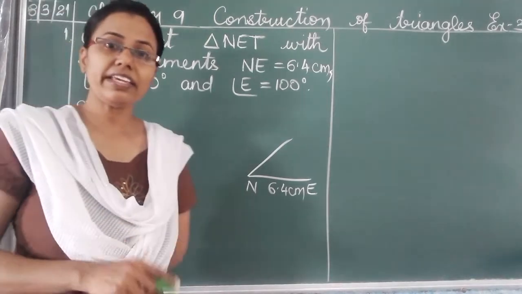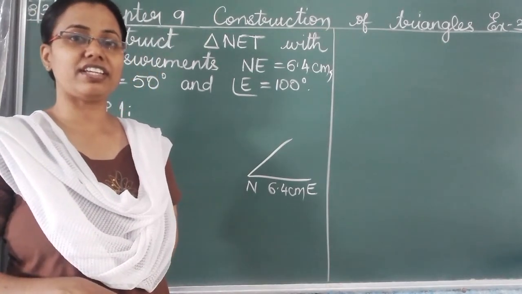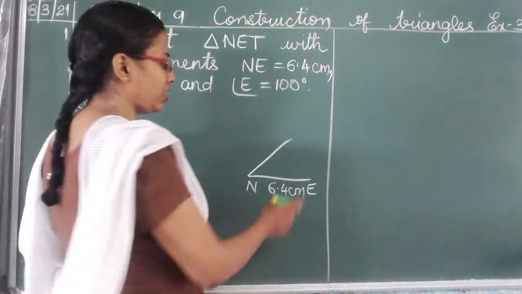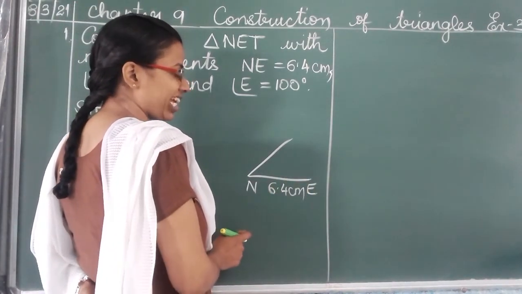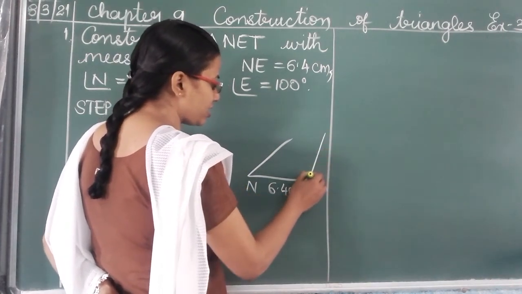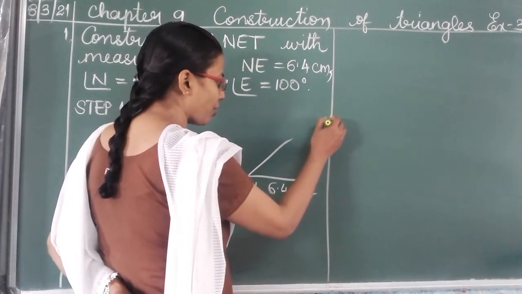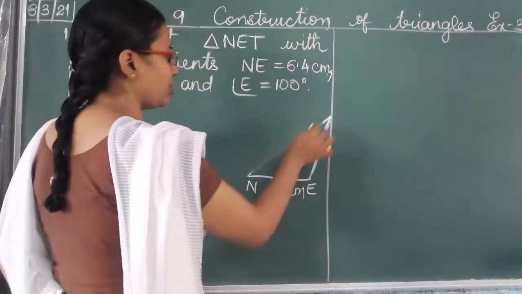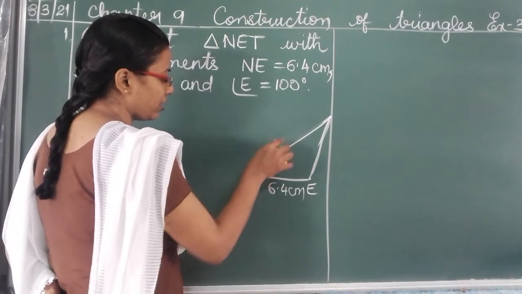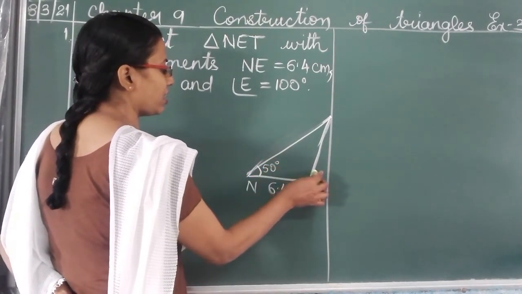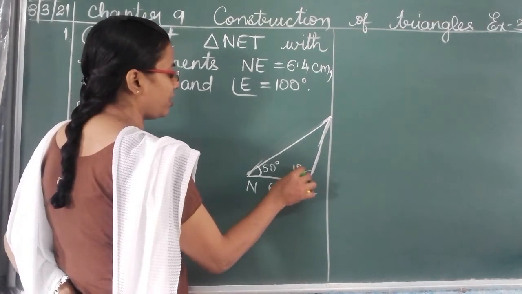Then angle E is given as 100 degrees. 100 degrees means it is more than 90. So here if you draw a straight line, it is going to be 90 degrees, and if I draw a line a little bit slanting, it is going to be 100 degrees. So I draw the rough figure, you can see that. So this angle is 50 degrees and this angle is 100 degrees.